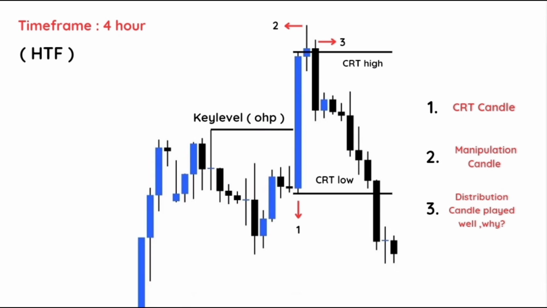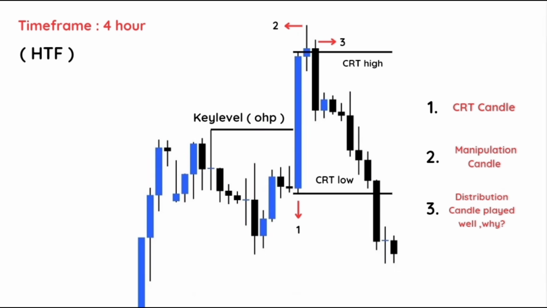Now look at the image carefully. We got our CRT candle, which I have marked as 1, and the next candle has manipulated the CRT candle, which I have mentioned as 2, and then the third candle starts to distribute without any fail, which I have marked as 3.